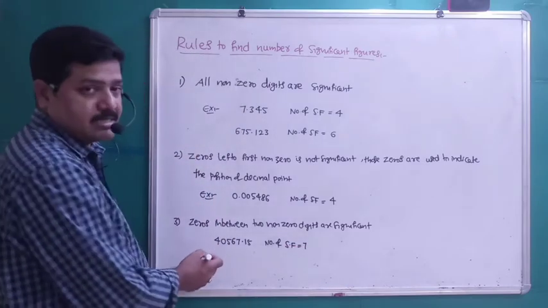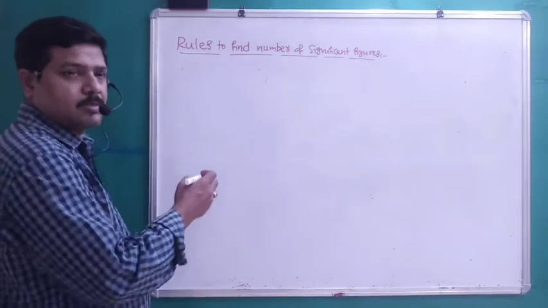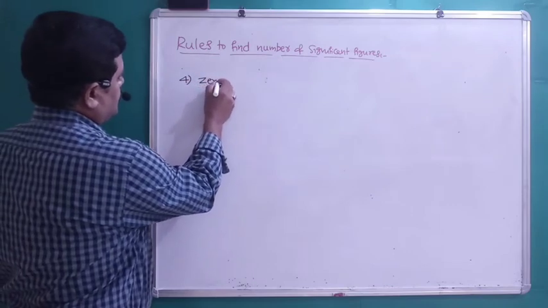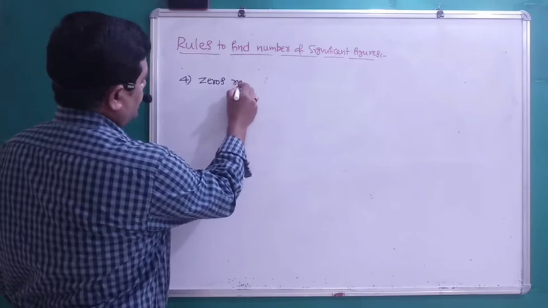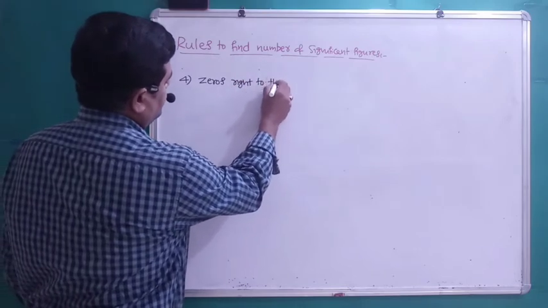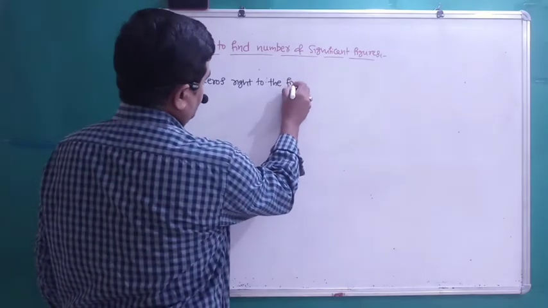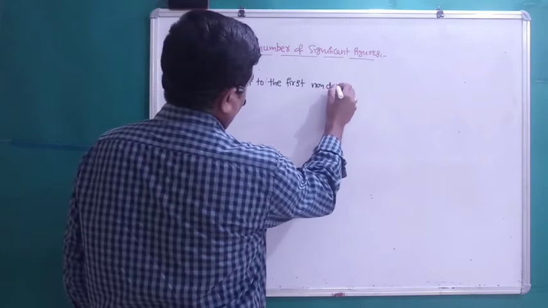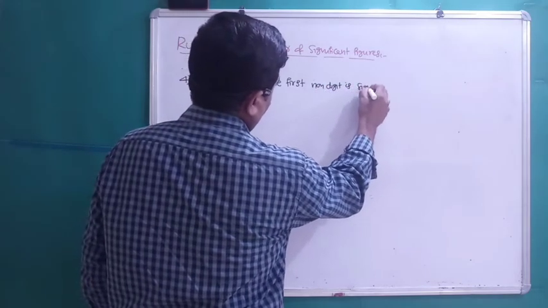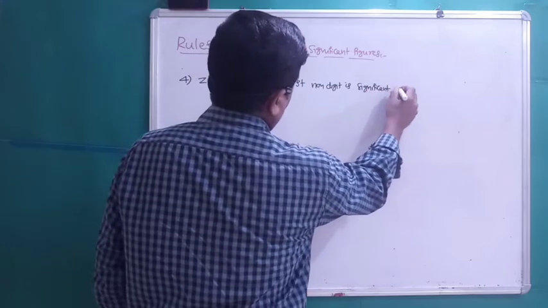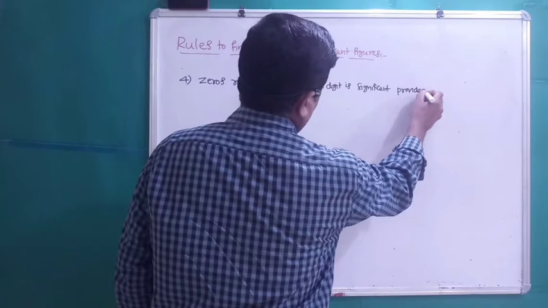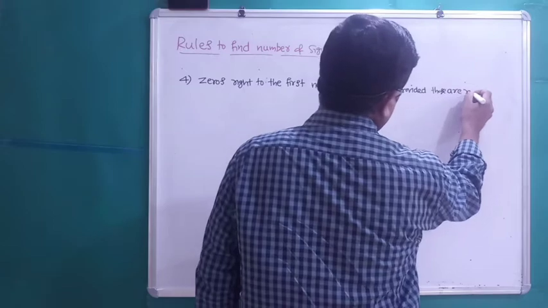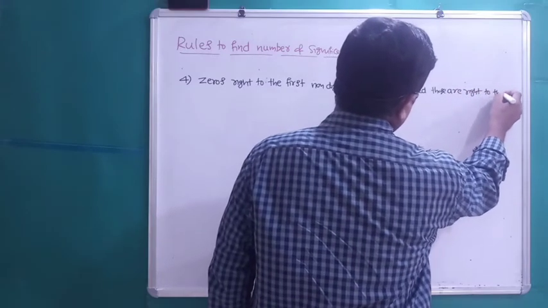Let us continue our discussion with point number 4. The fourth rule is zeros to the right of the first non-zero digit are significant, provided those are to the right of the decimal point.